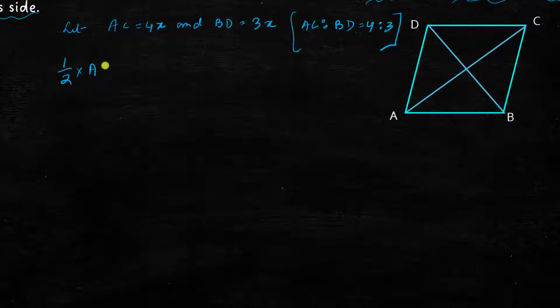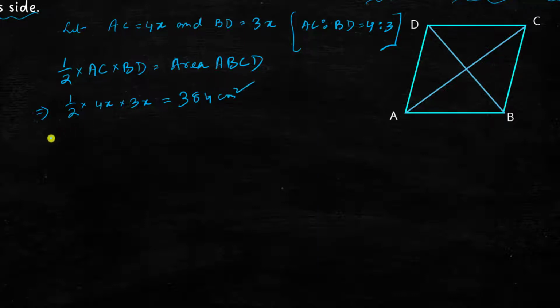So for this rhombus, half of AC into BD is equal to area ABCD, area of the rhombus. So half of AC is 4x multiplied by BD is 3x, and area of the rhombus is 384 centimeter square. So 12x square is equal to 384 multiplied by 2 centimeter square.